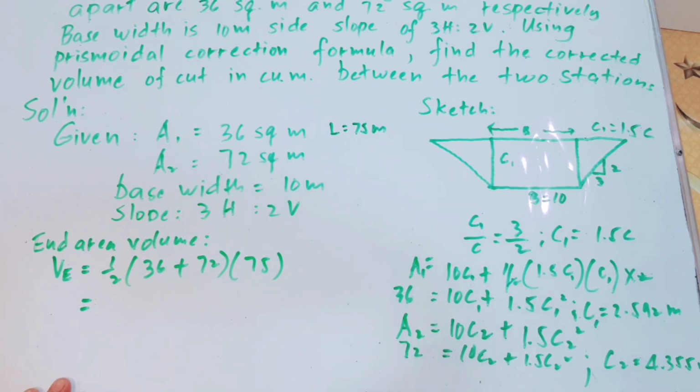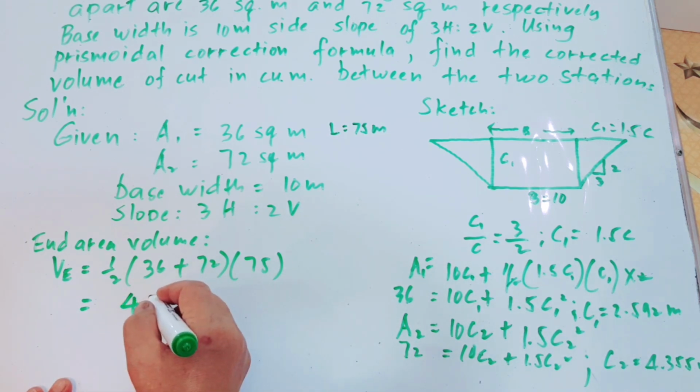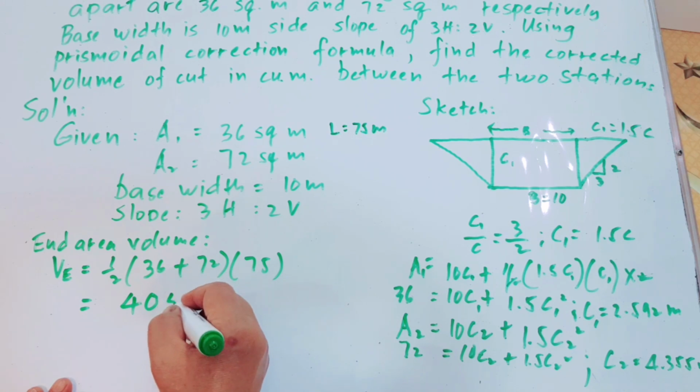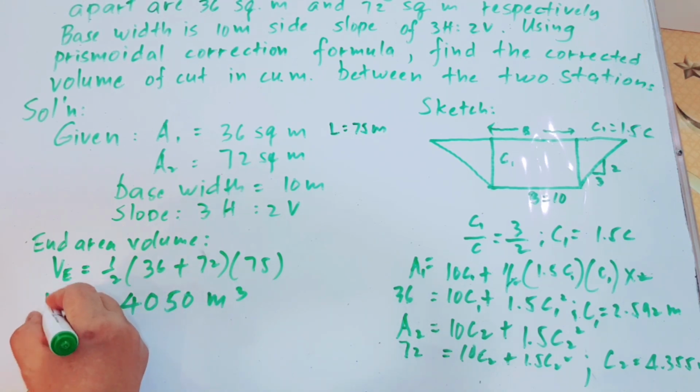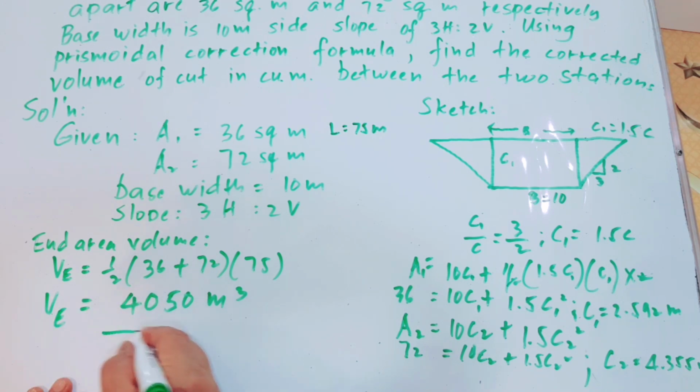Therefore, the end area volume is equal to 4,050 cubic meters.